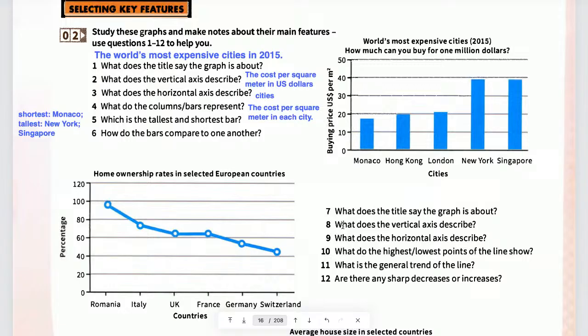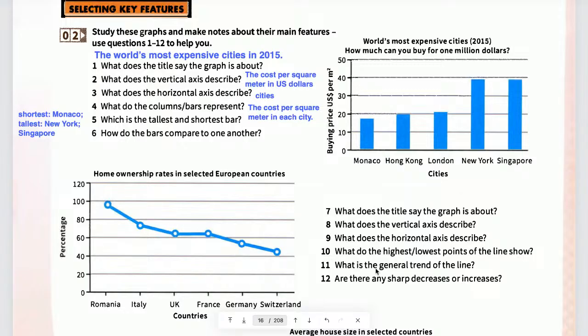Guys, when you do writing, first of all, you have to look at something which are similar first. Which ones are similar to each other? We have New York, Singapore. They are quite similar to each other. How about the others? Hong Kong, London, and probably Monaco.